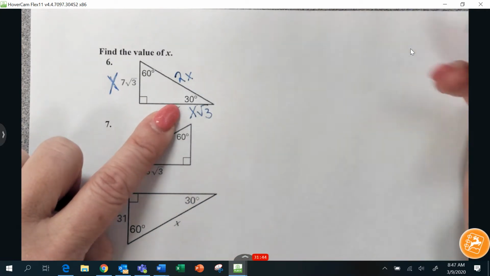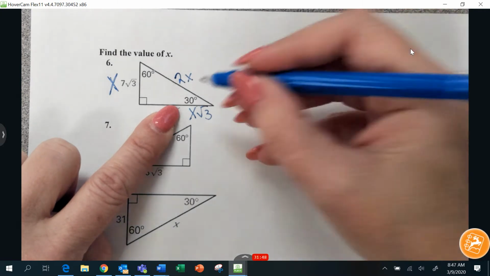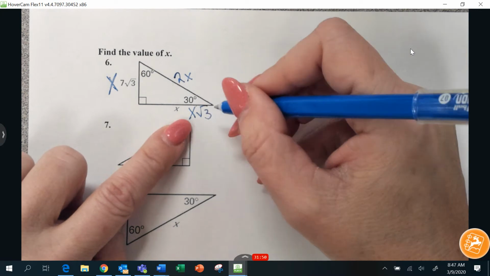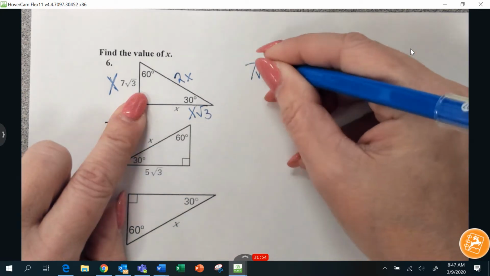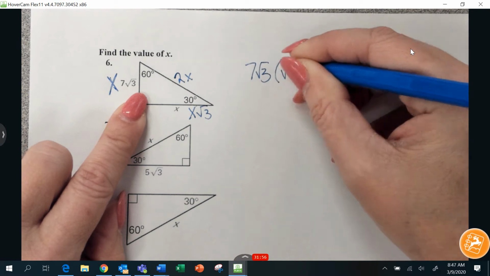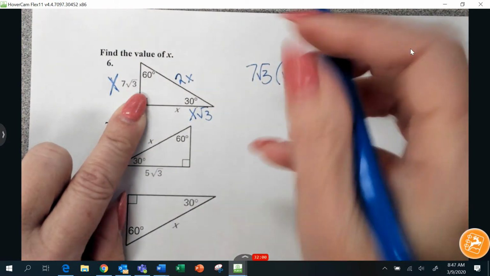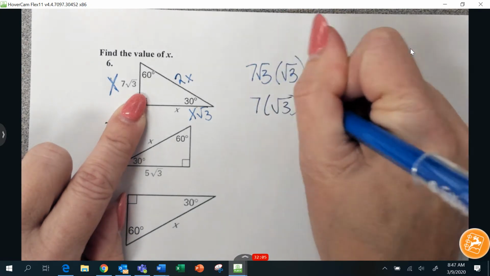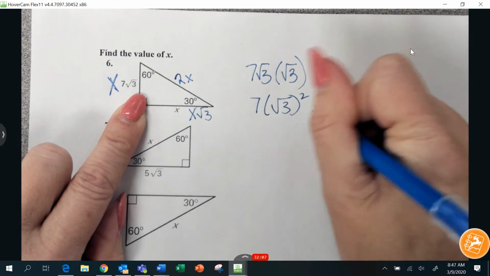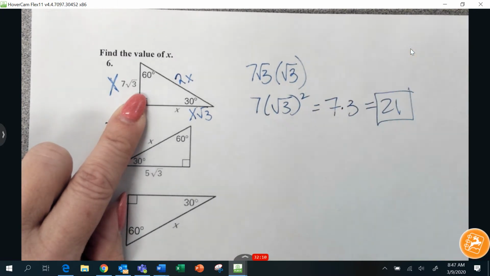So across from 30 is 7 square root 3. That is the x. We need to find the x square root 3 side. So we're going to substitute 7 square root 3 into that square root 3 equation. So 7 times square root of 3 squared is 7 times 3, which is 21.